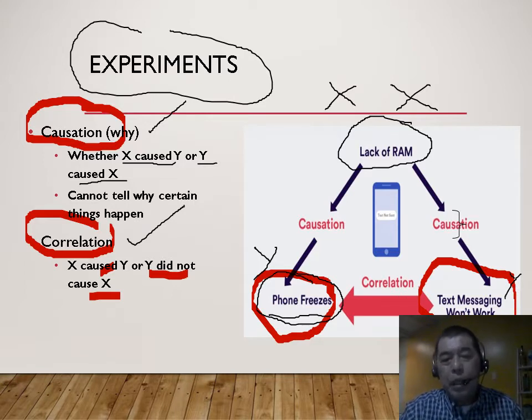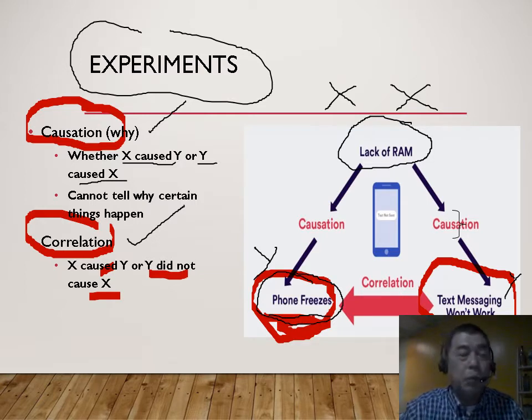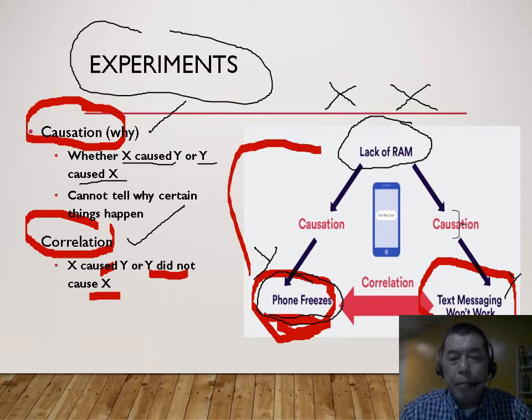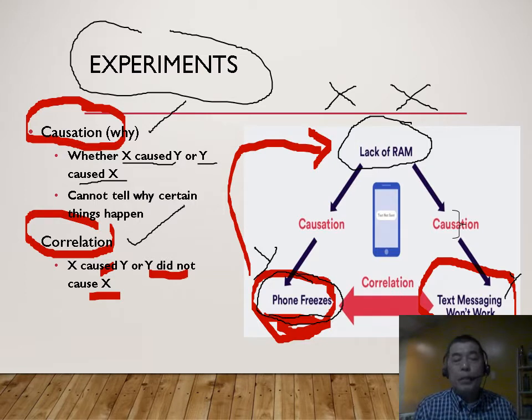So there is a significant relationship happening between these variables. The phone freezes, therefore the text won't work. The text won't work because the phone hangs up. And the root cause of the problem is the inadequate specifications of the memory. So that is a good example of the difference between causation and correlation.